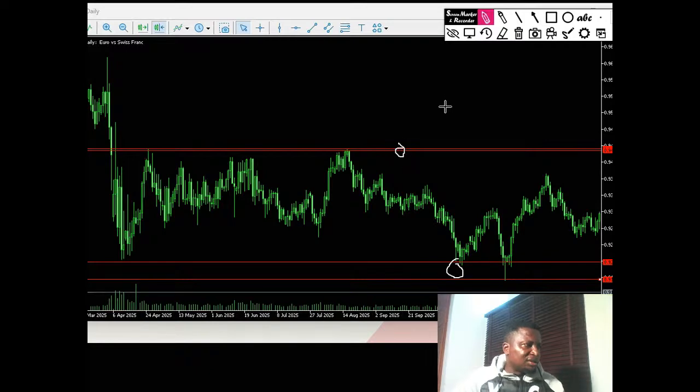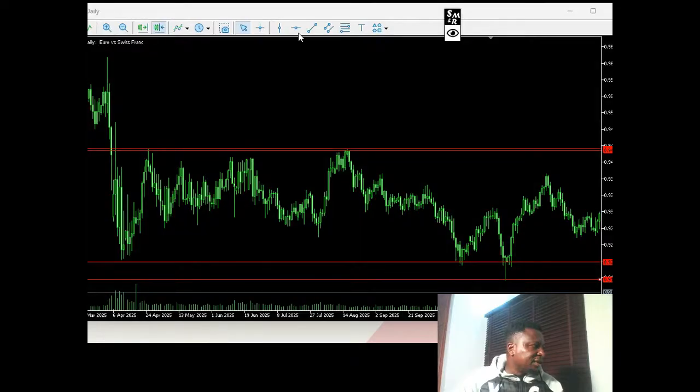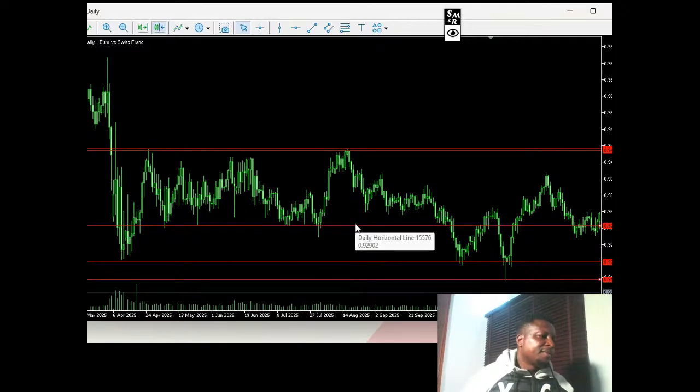Key levels are considered those areas that price touched several times. So let's look at the minor levels here. Can we call this a minor level? Yeah, but let's look at it well by using a line. Price is ranging here.